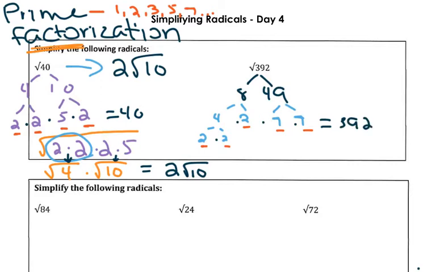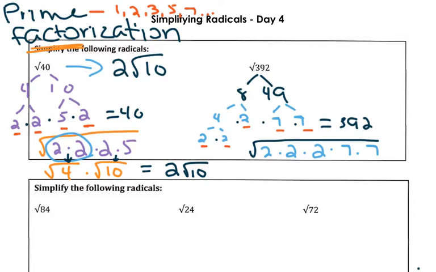So that being said, I could plug all this back into my radical. Again, I want to put it in order, so I have 2 times 2 times 2 times 7 times 7.